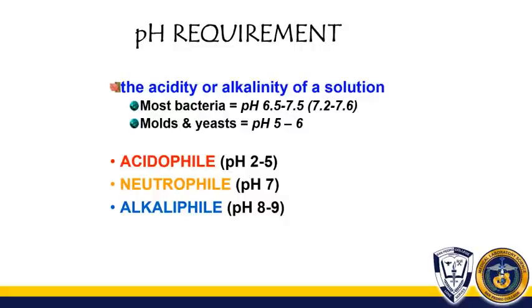Many pathogenic bacteria exhibit a relatively narrow range of pH over which they will grow, and most diagnostic media for the growth and identification of human pathogens have a pH near 7. So remember that.